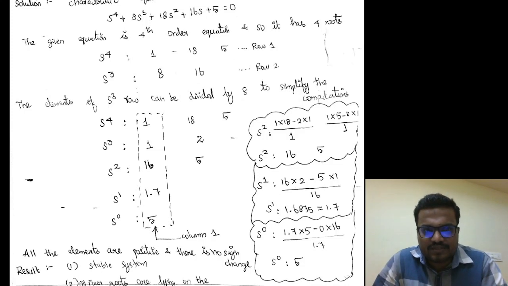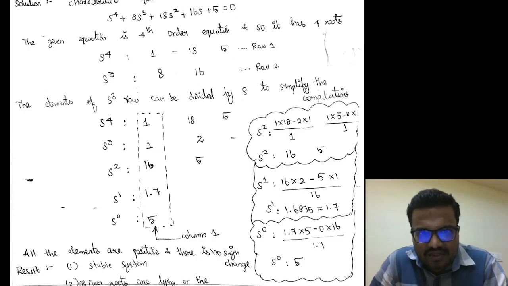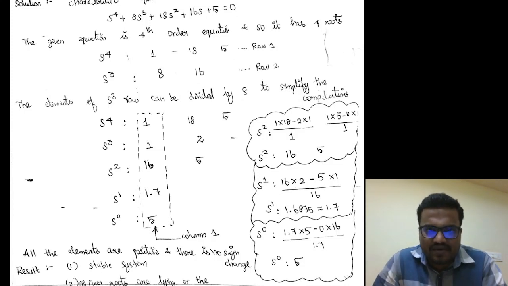The last row will be s power 0, because 0 means it doesn't have any further root value. Until the last value, we have to check whether the sign has changed or not. Next, 1.7 into 5 minus 0, since there is no value in the next column, so 0 into 16, divided by 1.7, and the final value will be 5.